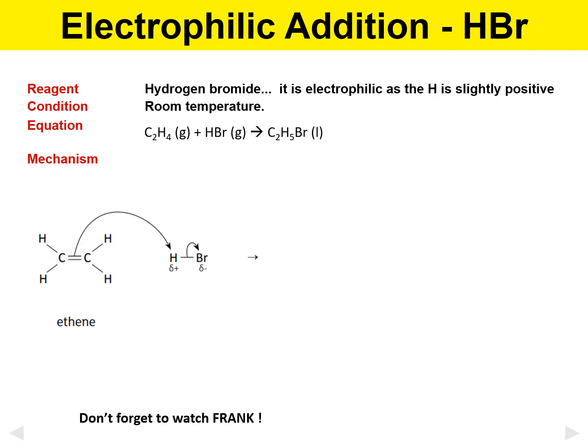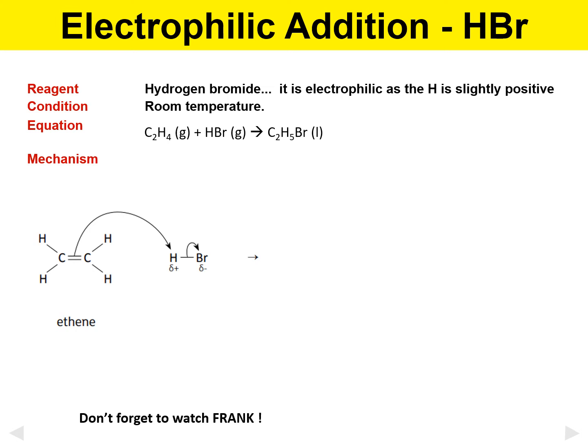This is the second electrophilic addition reaction we have to study, which is using hydrogen bromide. In this case, hydrogen bromide is already polarized before the reaction begins, but the reaction occurs with the same mechanism.